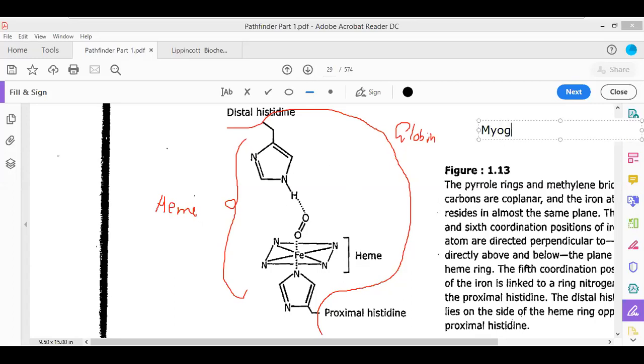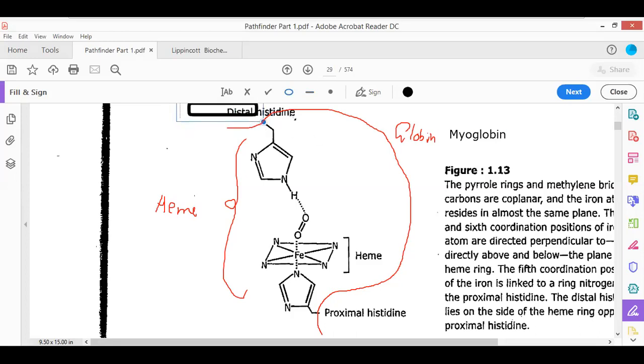Myoglobin has two different types of histidines. Histidine is an amino acid commonly found at the active site of an enzyme because it has an isoelectric point of 6.8, a very important point, so you must note it down.